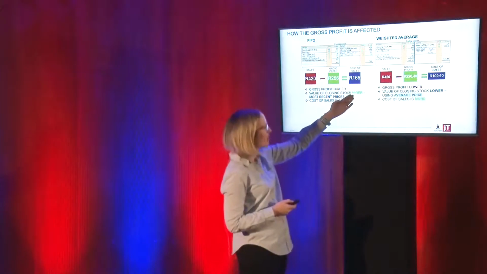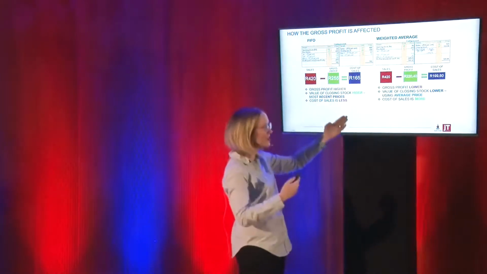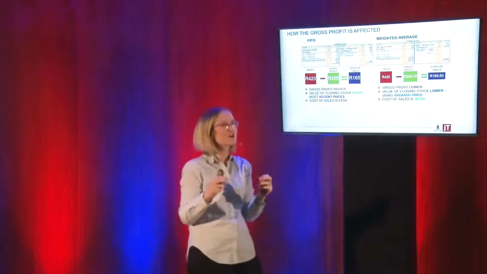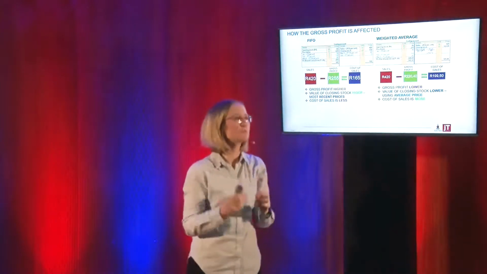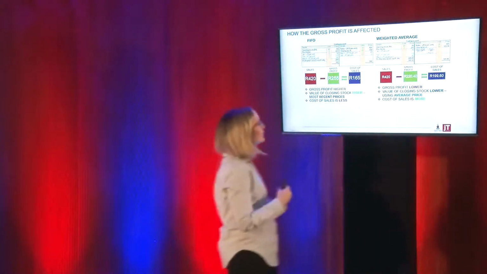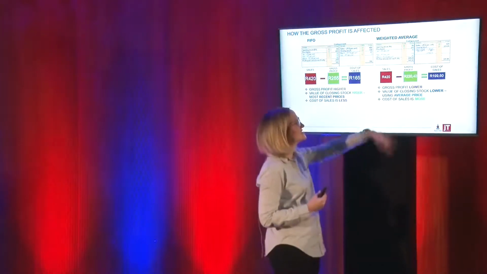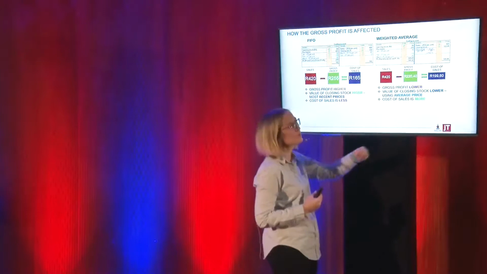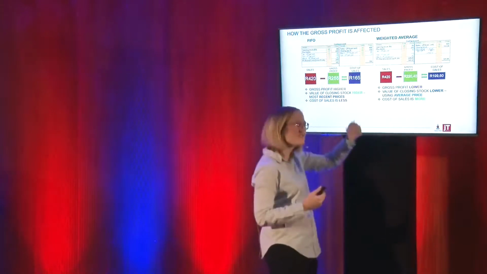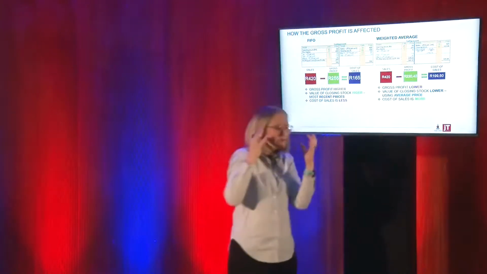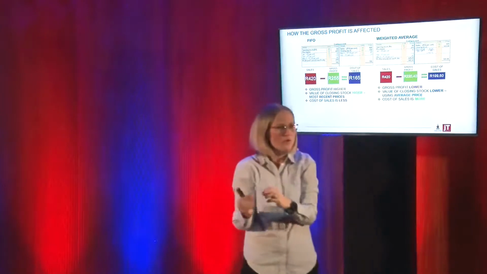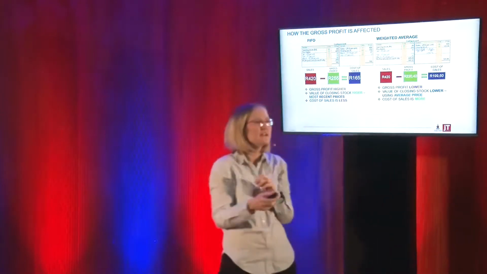Because the value of our closing stock is higher because we value our stock at the most recent prices. If we look at weighted average, we use an average price, which means the value of your closing stock will be lower. Your cost of sales is more. So think about it. If your cost of sales is more, your gross profit is going to be less.